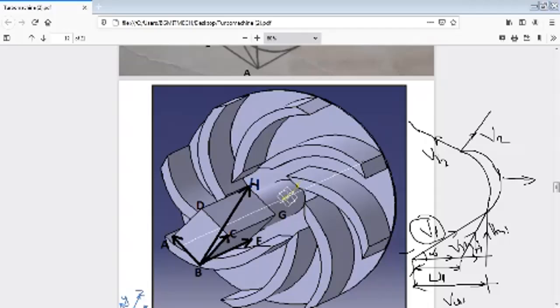Now I will show the velocity components for V2. So these are the velocity components I have drawn here. So I will draw a horizontal line here.